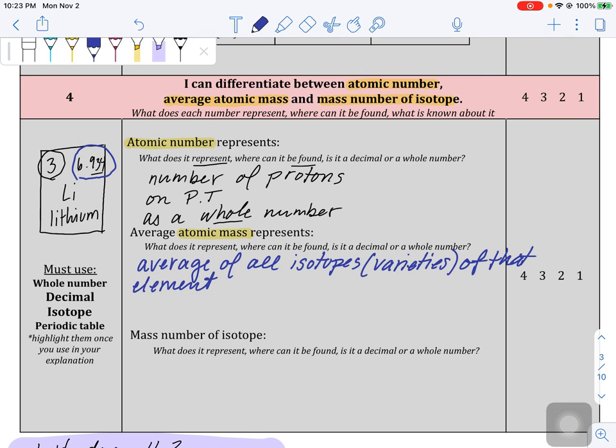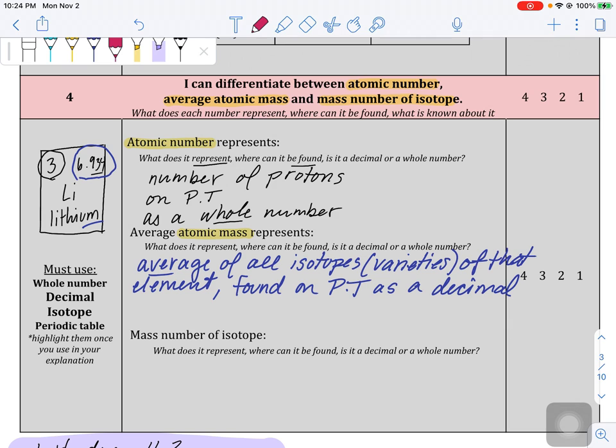So if I'm looking again at lithium up here, there's many different masses that lithium can come in, and so the 6.934 is looking at the average of all of those. Where can it be found? Found on the periodic table as a decimal. Right? And again, because it's a calculation.